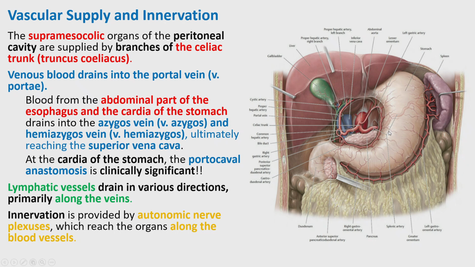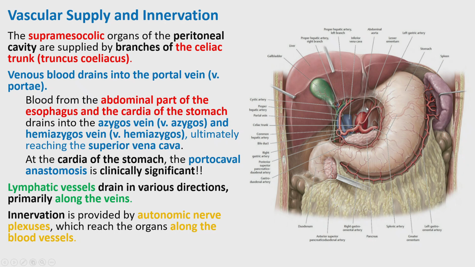The supramesocolic compartment's blood supply is by the celiac trunk, and the venous drainage is to the portal vein. Very important is the portocaval anastomosis at the level of the cardia and the esophagus. We are going to discuss it with the veins.